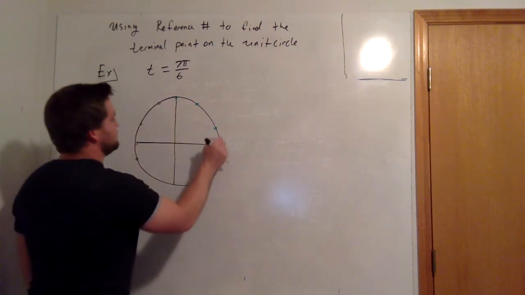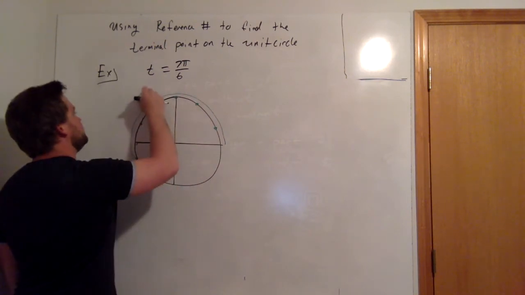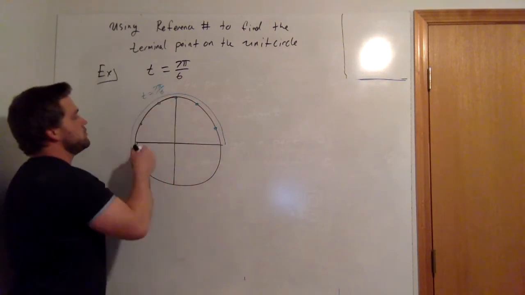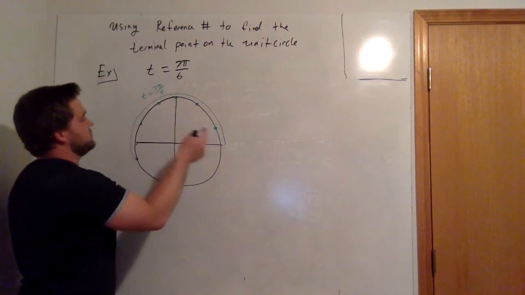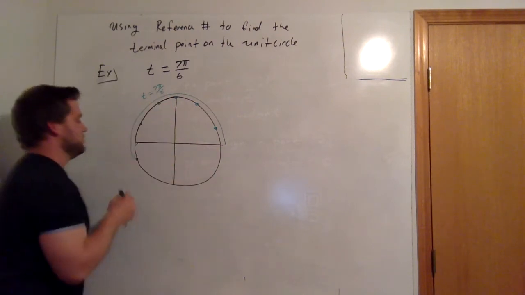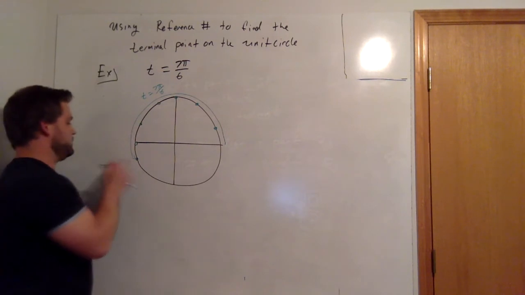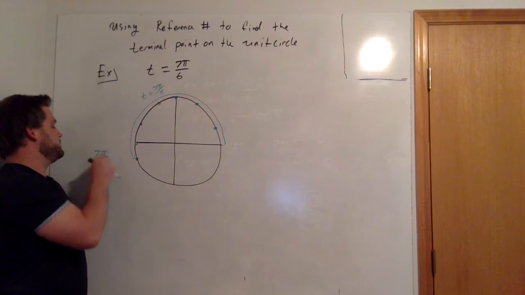So this distance here, I've walked a distance t of 7 pi over 6. This would be radians. Remember, radians is the number of radiuses we've walked along. We've walked 7 pi over 6 radiuses around the circle, and in this case, it's a radius of 1. So this is where we are, at a t value of 7 pi over 6.